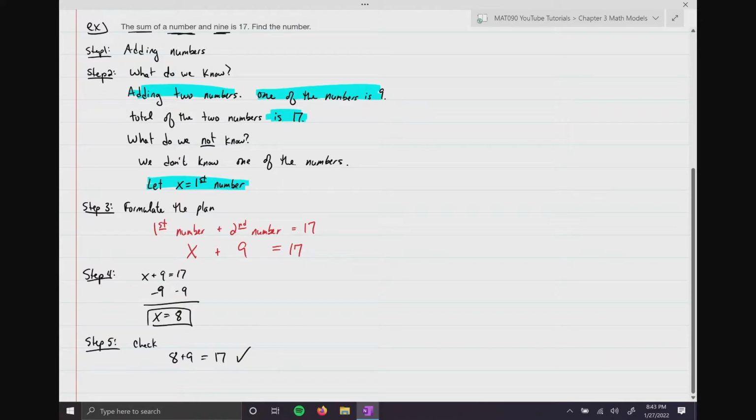Once we get really comfortable with this, can we start to maybe speed up a little bit or maybe skip a step, which I do not recommend skipping anything. I'm a huge fan of just writing everything out. But it's the approach that we have to get comfortable with. And that's why we do not like word problems, because we try to move too fast. Stick to the approach. Let's look at another problem.